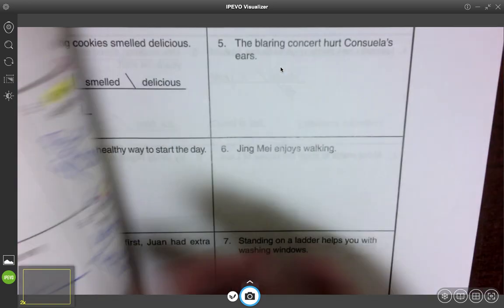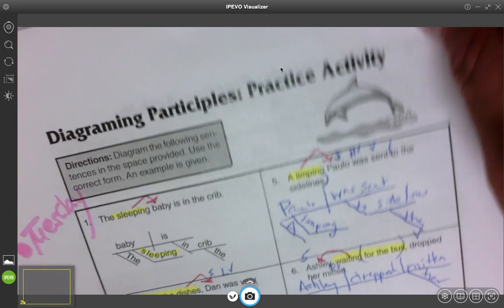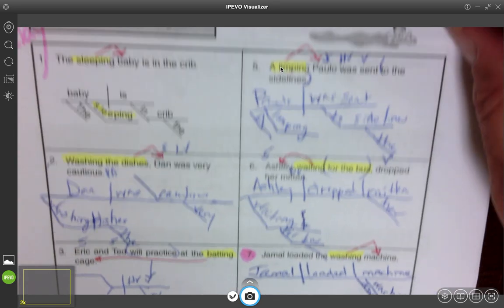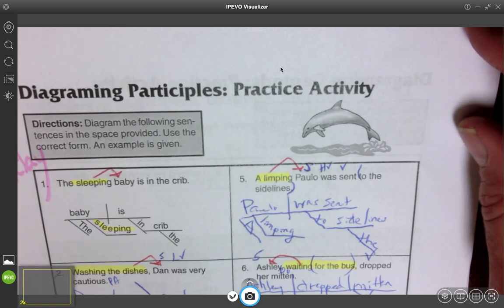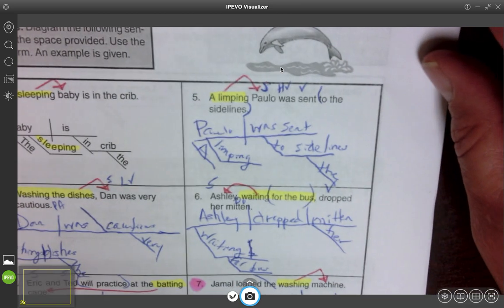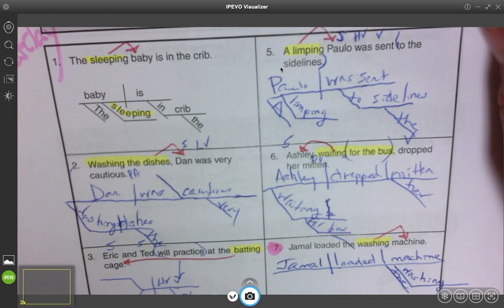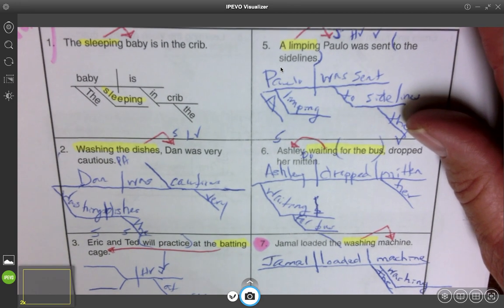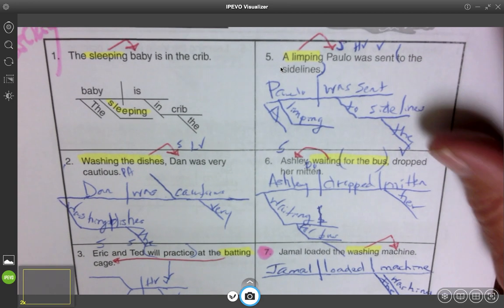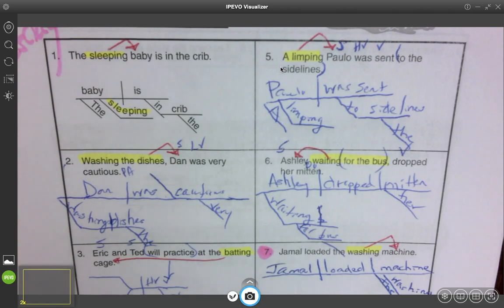Yesterday, we were taking a look at practicing diagramming participles on this page, and we were identifying some of those patterns. In addition to sentence number 1 and sentence number 5, we have the pattern as is found in number 2, where it comes at the beginning of a sentence set apart by a comma.